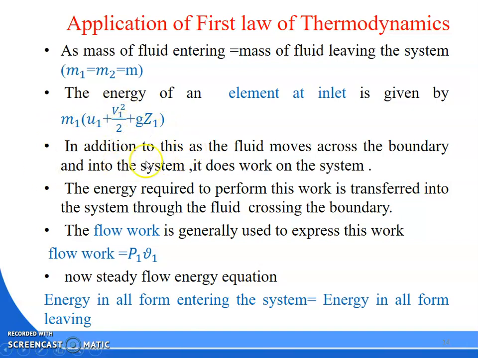In addition, the fluid moving across the boundary into the system does work on the system. That work is known as flow work, P1 V1. So the energy of the element at the inlet is M1 times U1 plus V1 squared by 2 plus gZ1 plus P1 V1.